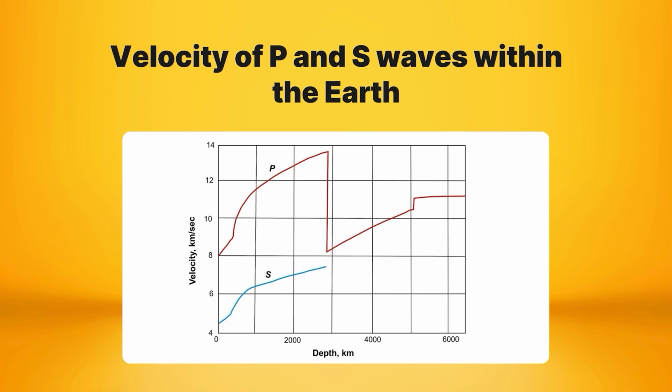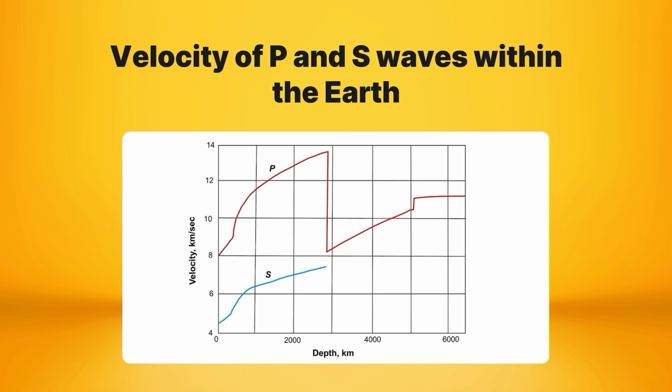This is the lower part of the mantle, and here after, a very important thing you can visualize, the blue graph: the S wave is not going further beyond 2886 kilometers. Why? Because S waves cannot travel through liquid.